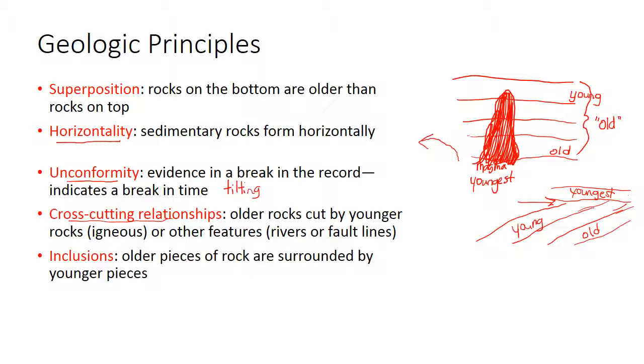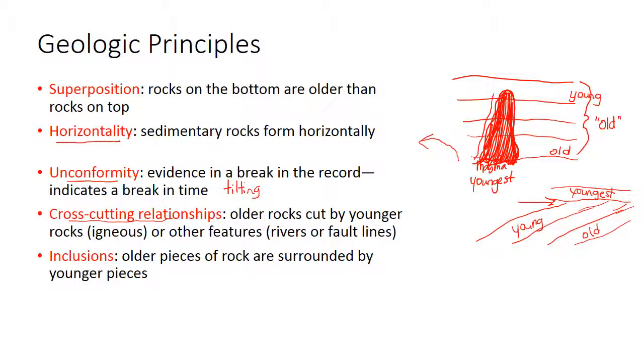Now this can be a little confusing because there is magma here at the lowest level, right? It came up from below, but it is younger, even though it's down there, because it cuts across pre-existing layers. Okay, so anytime you notice a process cutting across layers, it's going to be younger than those layers.